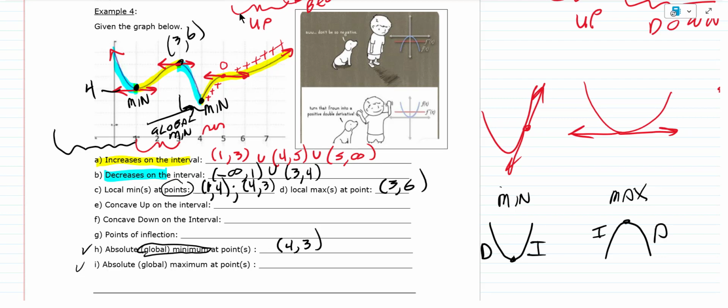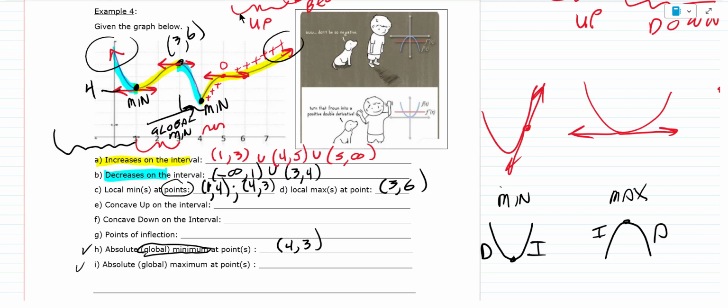Global max means the graph hits a high point. Does this graph ever hit an absolute highest point? No. I had you add these arrows on here on purpose. What does that mean? It means the graph goes up forever.